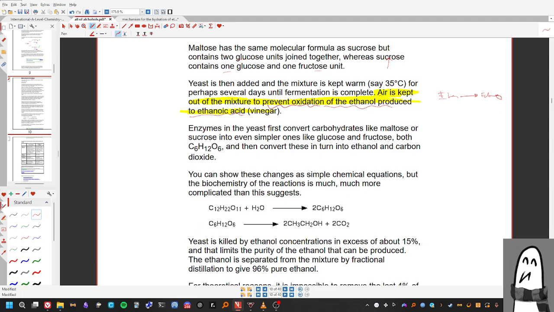Now the enzymes in the yeast will convert carbohydrates like maltose or sucrose into simpler ones like glucose and fructose, and convert these in turn into ethanol and carbon dioxide. So again, we're seeing that first your maltose plus water goes into glucose, and then the glucose is turned into your alcohol plus carbon dioxide.